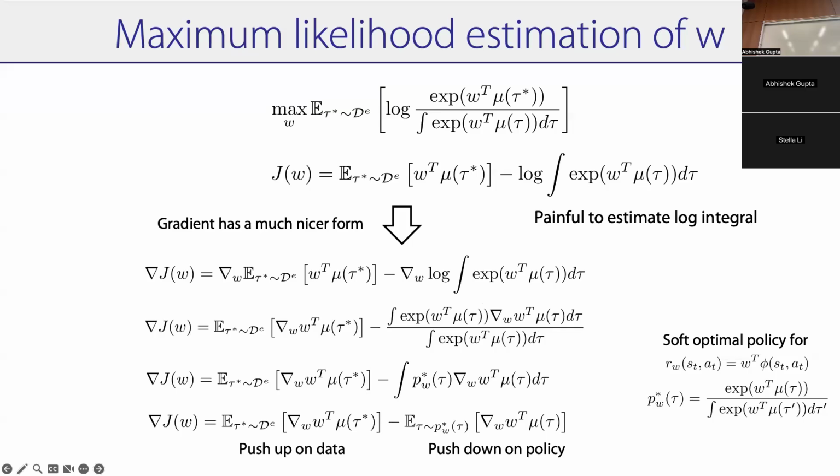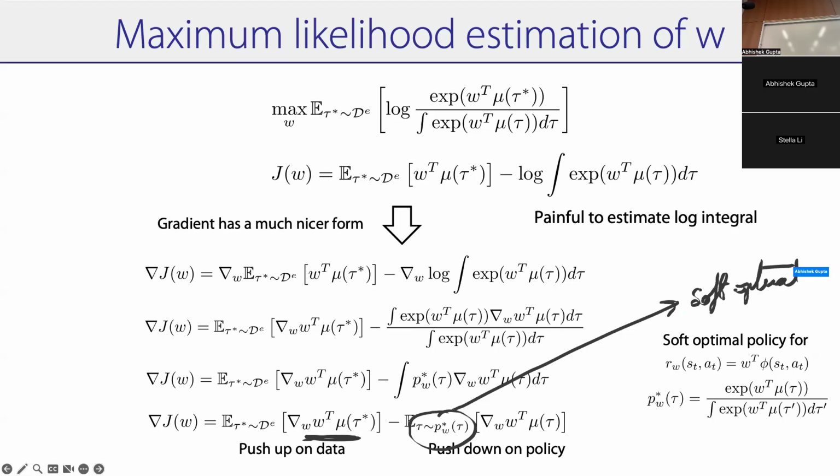And the second term is saying, if I sample trajectories from my soft optimal distribution, I want to push those down. So essentially one thing is pushing you up and the other thing is pushing you down. The first term is saying increase the likelihood of things in the data. The second term is saying push down everything else. Right? And you're saying that you're going to push down everything else by sampling from your soft optimal distribution.